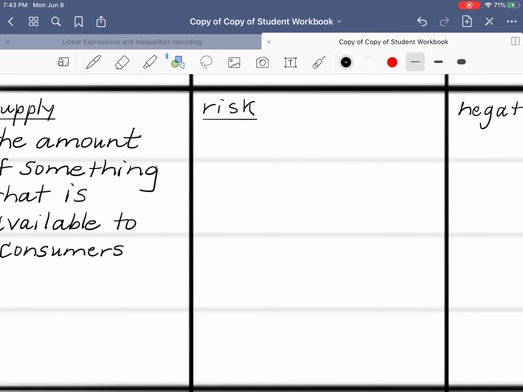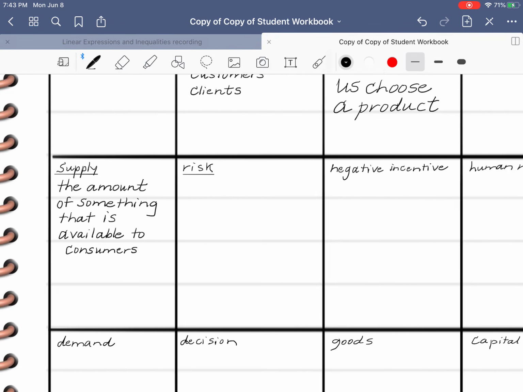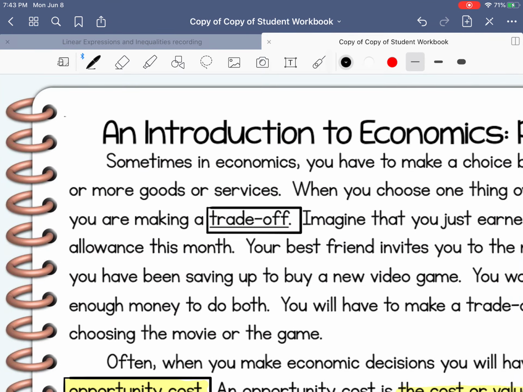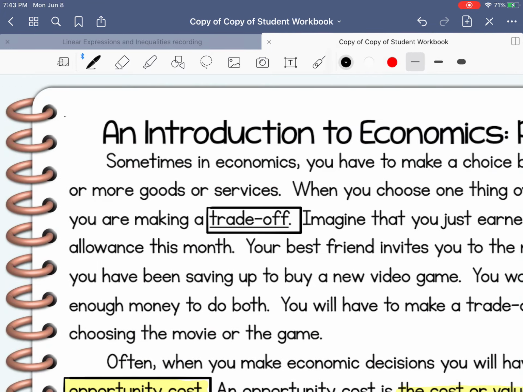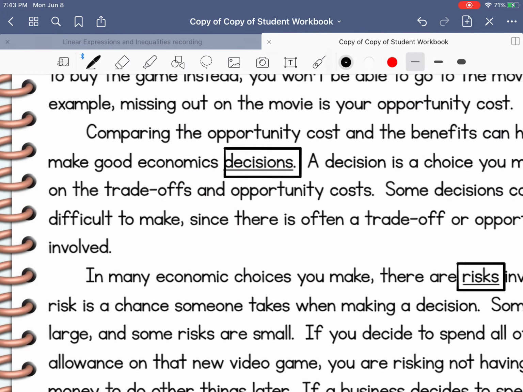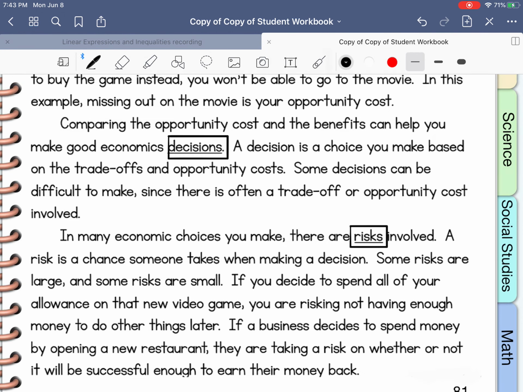We all know the general definition of a risk, but let's look at the economics definition of a risk. And I can't remember where it was. You just have to scroll through the text, scan it. There we go. Risks. A risk is a chance someone takes when making a decision.